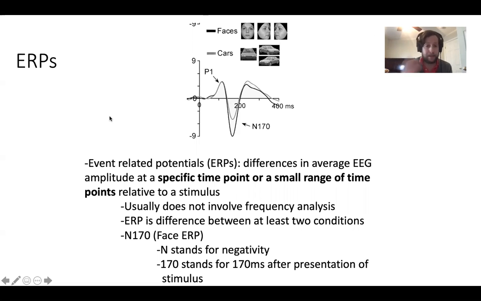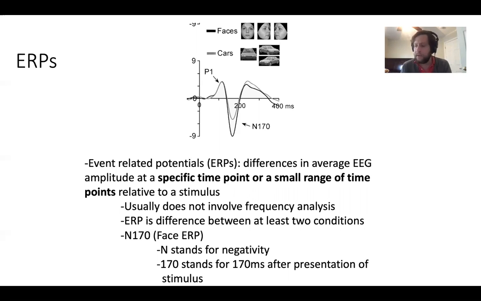So additionally, just talking about event-related potentials for a few minutes today. This comes out of talking about EEG frequency analysis studies. In frequency analysis studies, we use Fourier analysis to decompose the electrical activity on the scalp, the EEG, into the different components: delta, theta, alpha, beta, gamma.